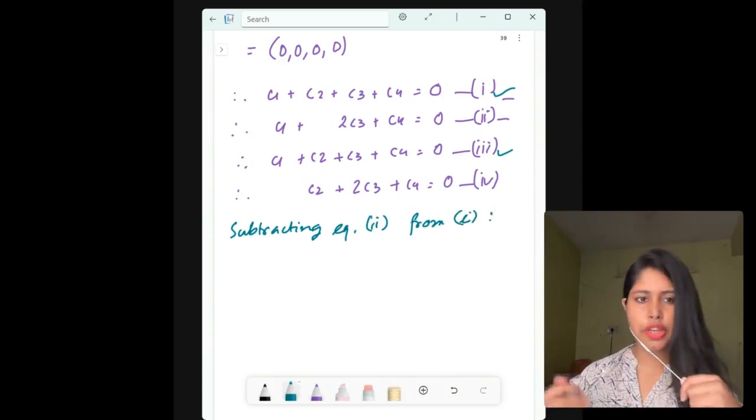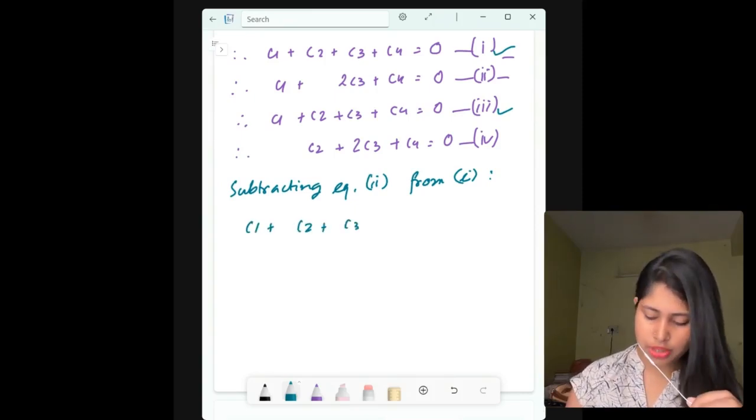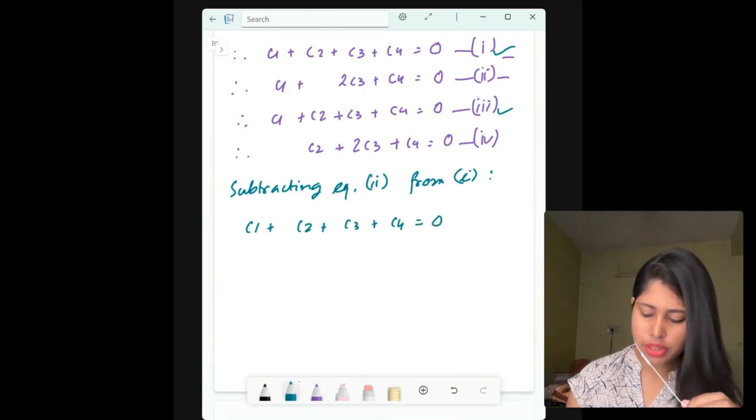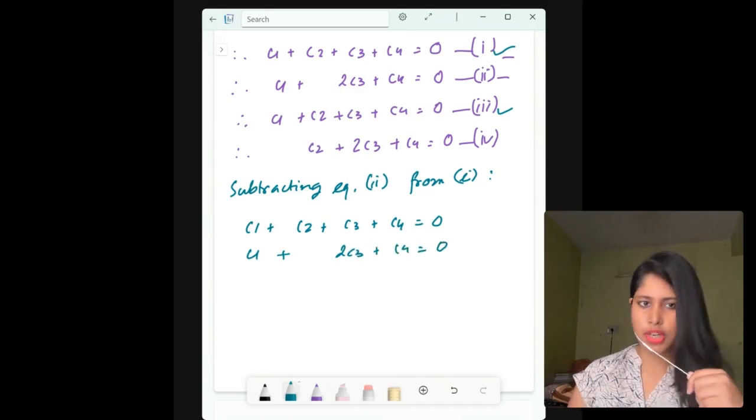If I do that, then what do I get? From 1, C1 plus C2 plus C3 plus C4 is equal to 0, and C1 plus 2C3 plus C4 is equal to 0. Now we have to subtract.